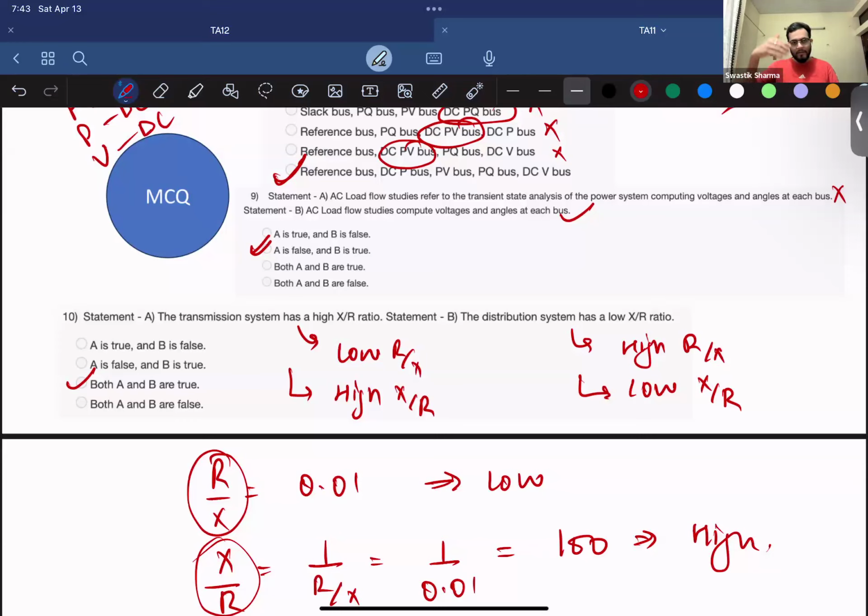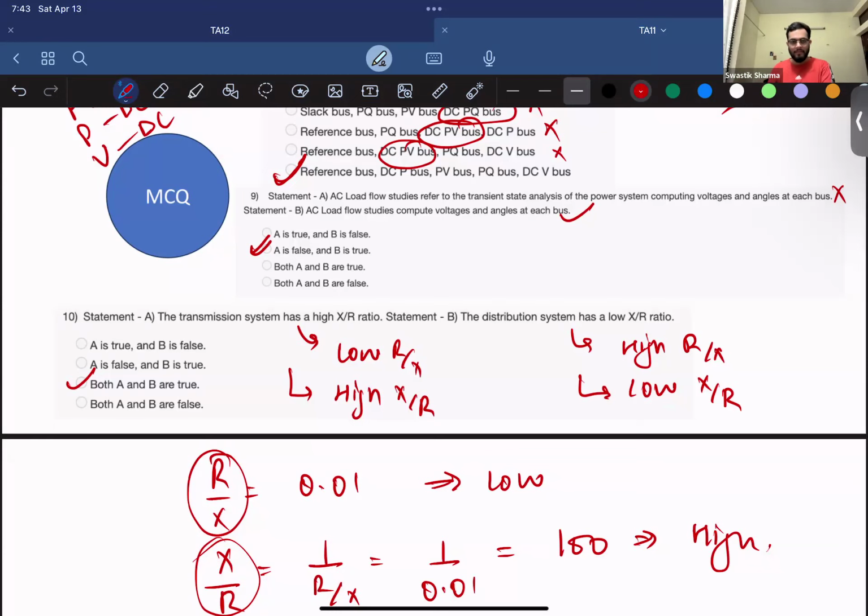Why do we transmit at a high voltage value? Because the current inside the lines would be very less. If the currents are very less, the drops would be very less. If the I square R losses are very less, the dependence on resistance in the dynamics of your transmission components would be very less.